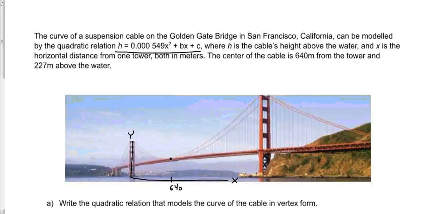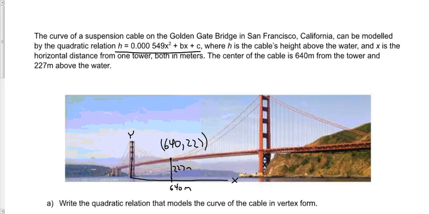And then it tells us that it's 227 meters above the water. So from the water line up to there is about 227 meters. And so this actually means that the vertex of this particular parabola is at 640 and 227.